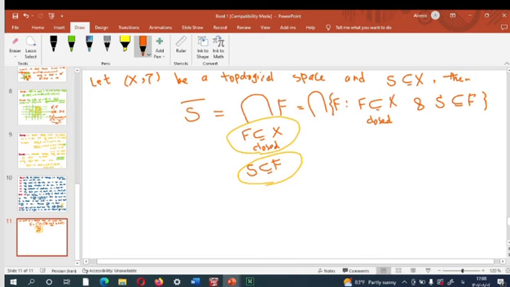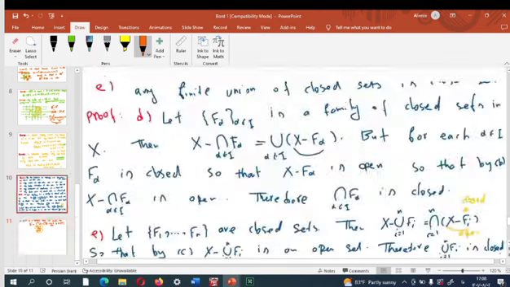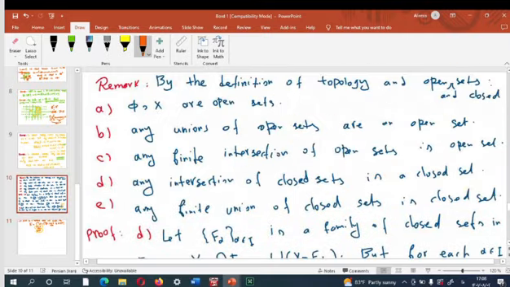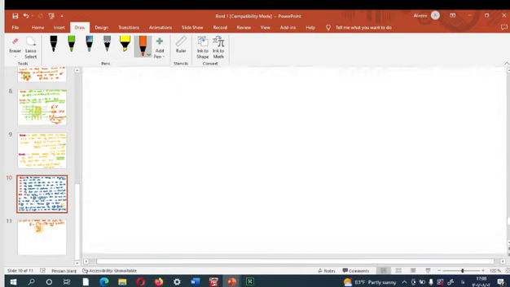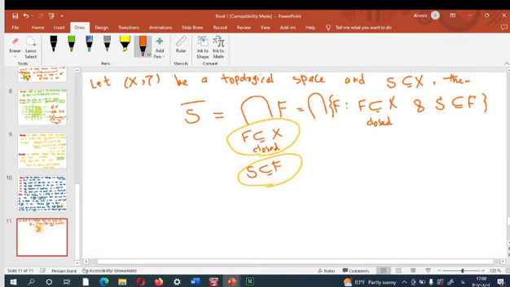So since all of these F are closed, this intersection is closed by our previous remark. We see that any intersection of closed sets is a closed set, okay? So S bar is always closed, whether S is closed or not is not important.